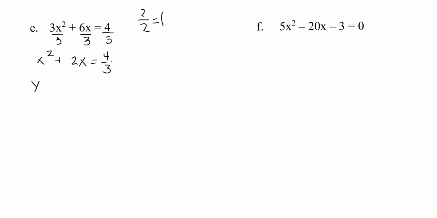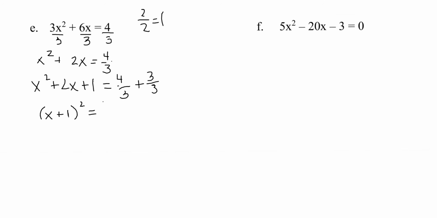So I'm going to have x squared plus 2x plus 1 on the left side. And then I'm going to do 4/3 plus 1. But because I'm adding fractions here, instead of doing 1, I'm going to make it into a fraction. I'm going to turn it into 3 over 3. Because remember, the same thing on the top and the bottom is equal to 1. And then I'm going to go ahead and factor the left side. So x squared plus 2x plus 1 will factor to x plus 1 squared.